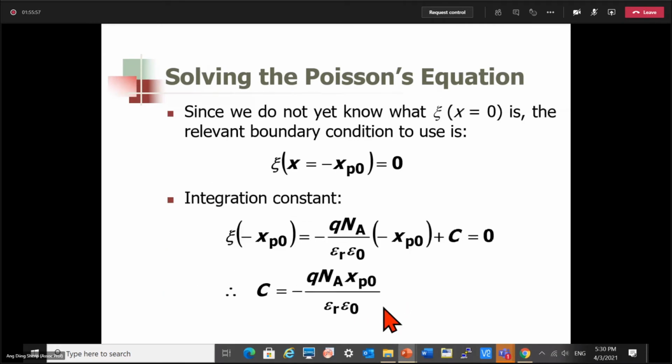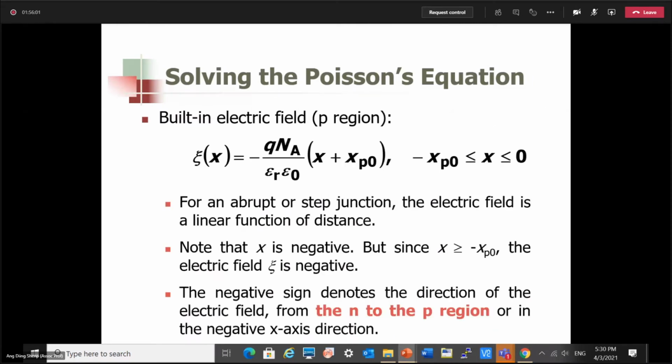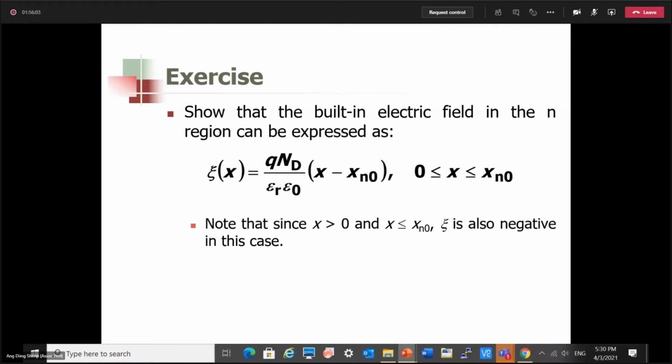If you integrate and find the constant of integration using the boundary condition in a similar way as we did for the P region, the final result will be shown here. Similarly, the electric field will vary linearly across the space charge region on the N side.